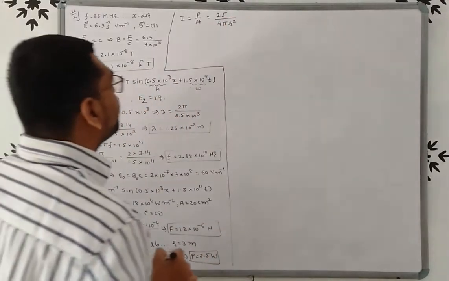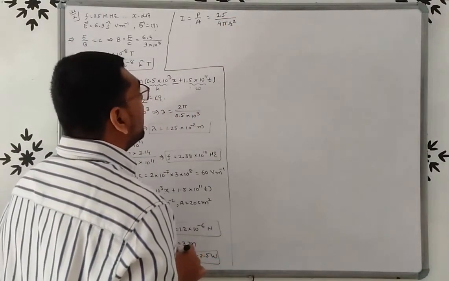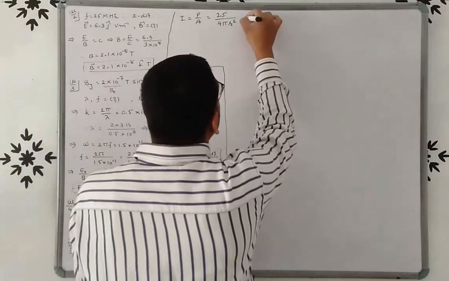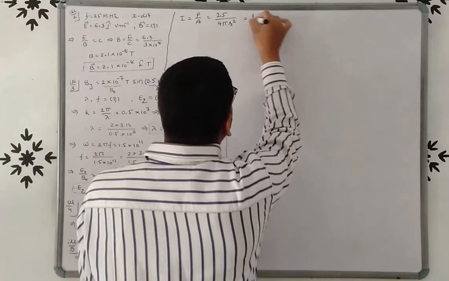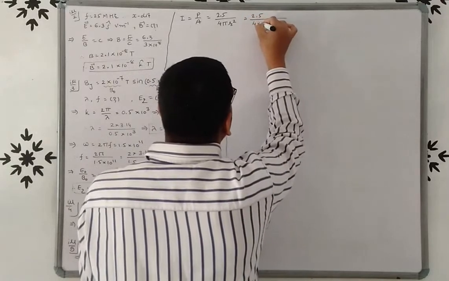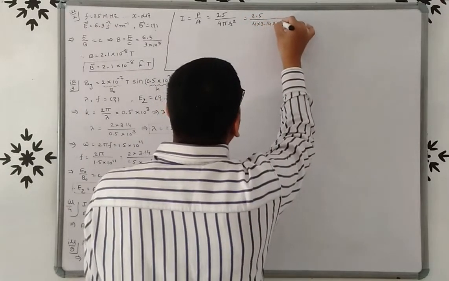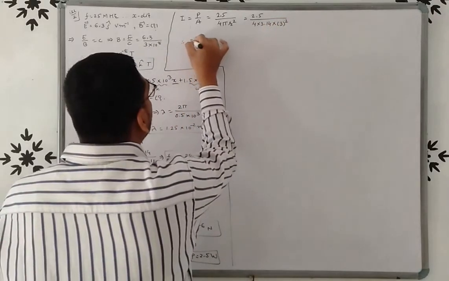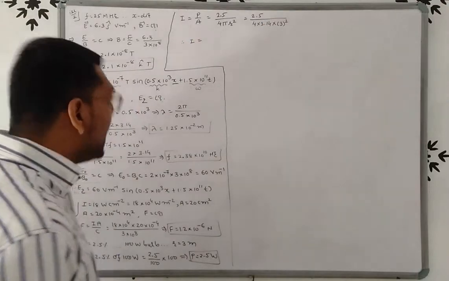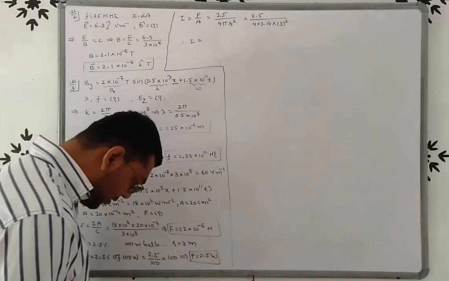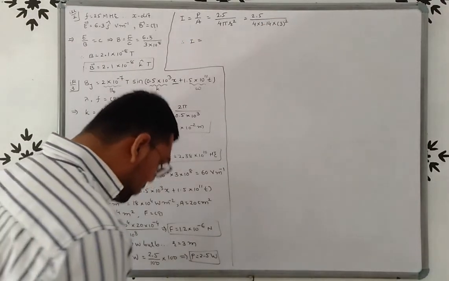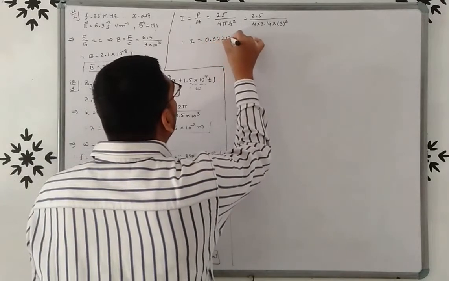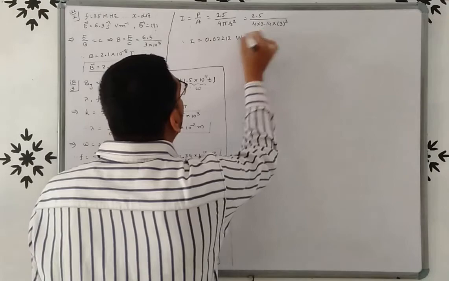R is given as 3 meter. So 2.5 divided by 4 pi, 3.14, R that is 3, whole square, right? After calculating this you will get I equal to 0.02212 watt per meter square.